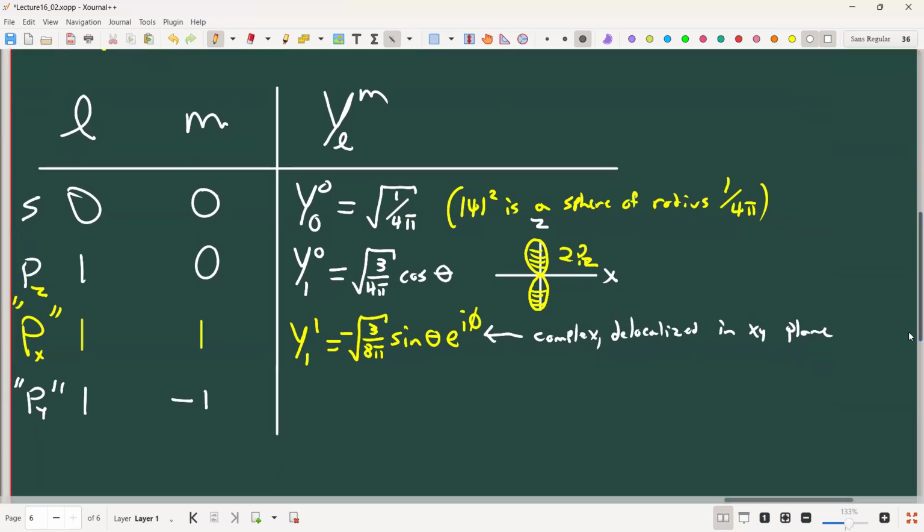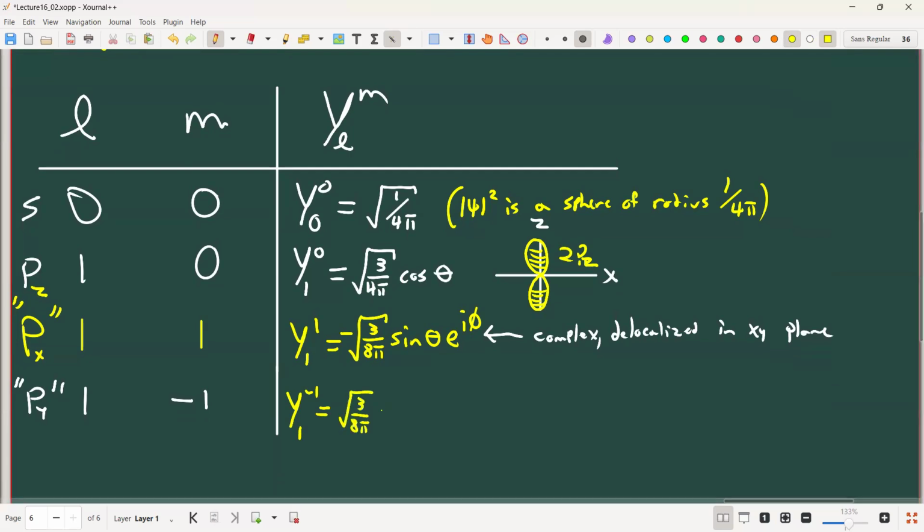Problem of the p orbitals. And let me find the formula for this. Oh, yeah, correct. It's super easy. Y1 minus 1 is equal to square root of 3 over 8 pi sine theta e to the minus i phi. All right, so the px and the py orbitals correspond to an electron.